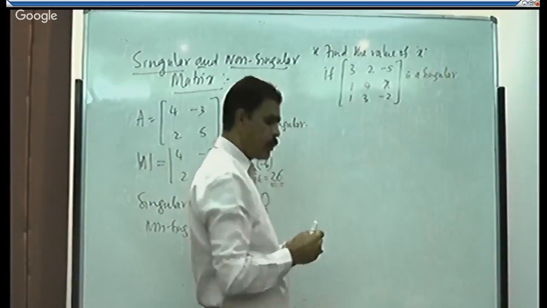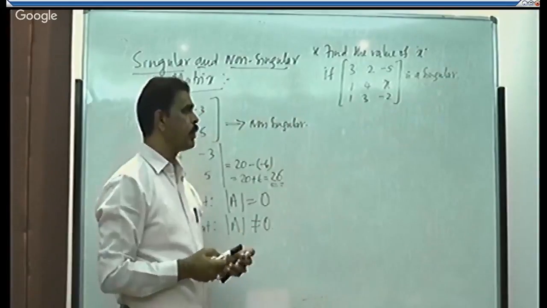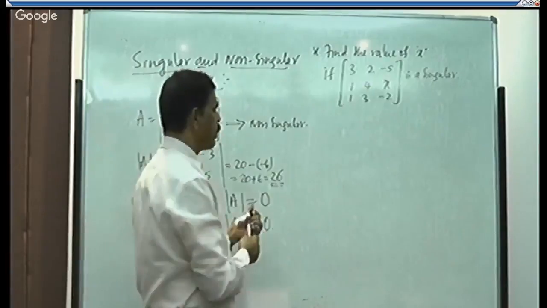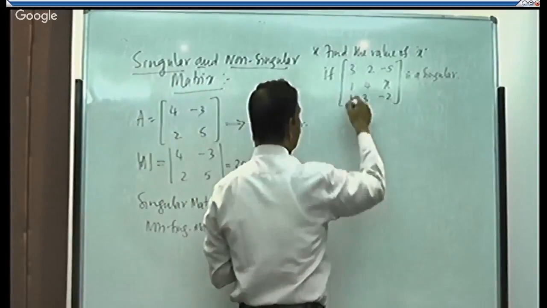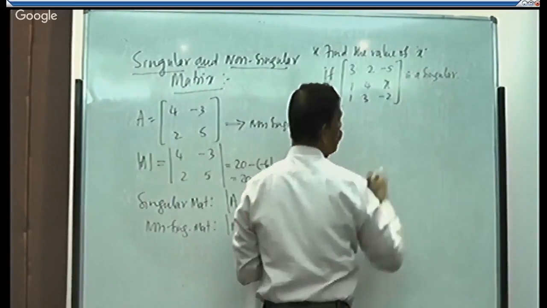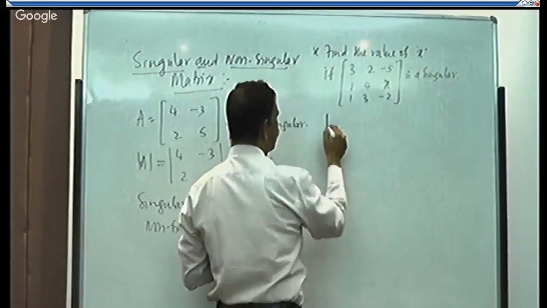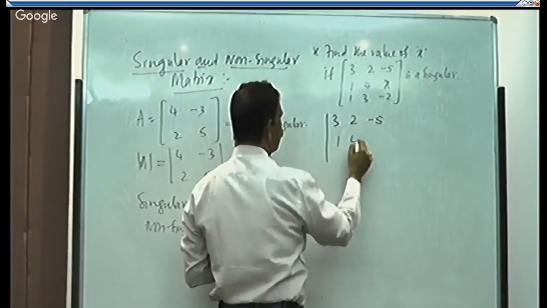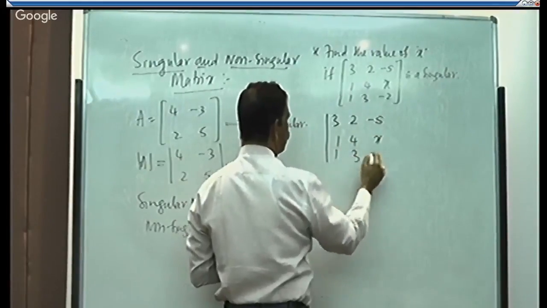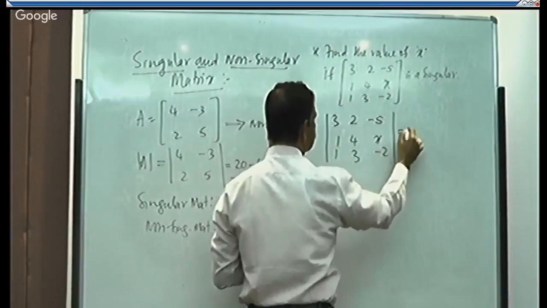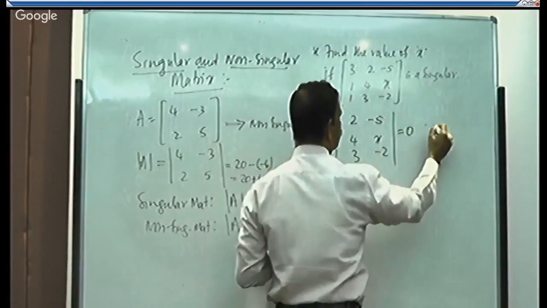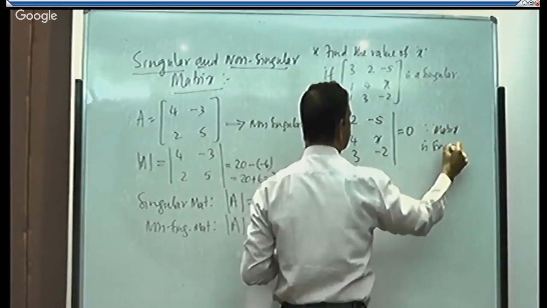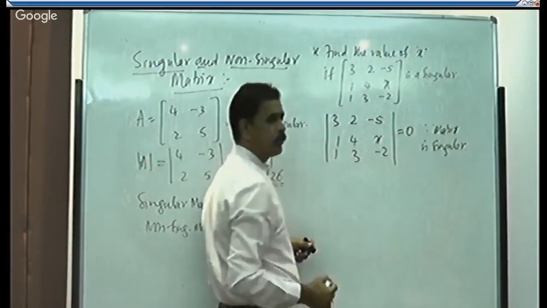What is a singular matrix? A square matrix is said to be singular whose determinant value is equal to 0. Here they have mentioned that the given matrix is singular, meaning its determinant value is equal to 0. So the determinant of 3, 2, minus 5, 1, 4, x, 1, 3, minus 2 is equal to 0, because the matrix is singular.